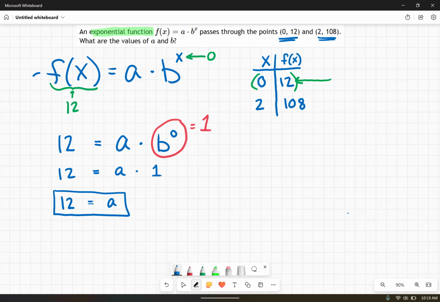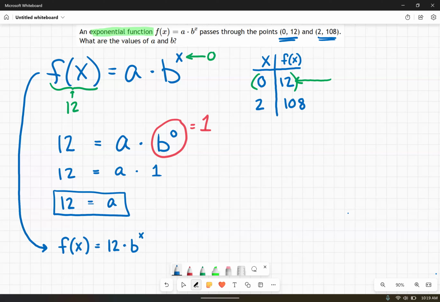So now our function, we don't know what the actual function is, but we no longer have two unknown constants. Instead of a times b to the x, now we know it's f of x equals 12 times b to the x.